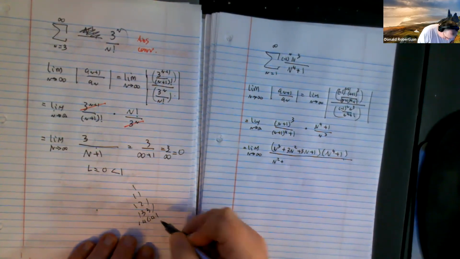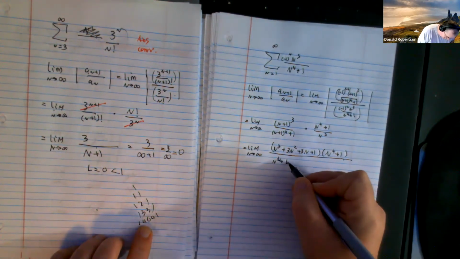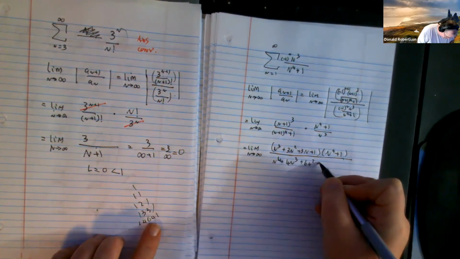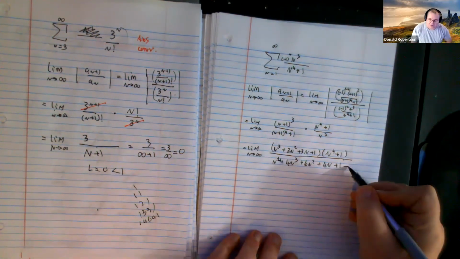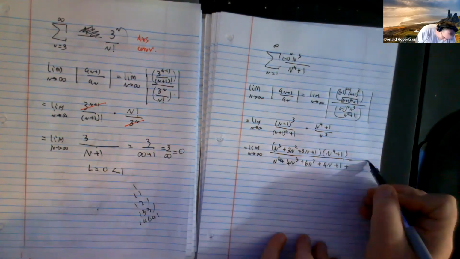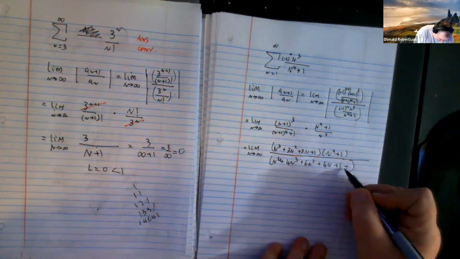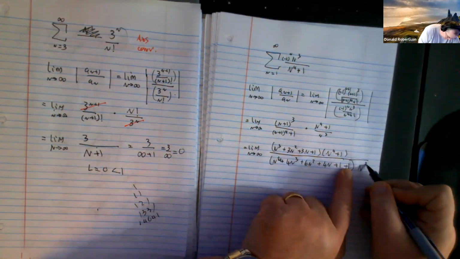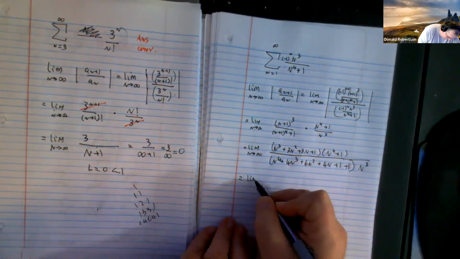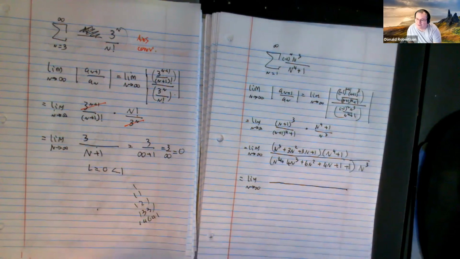It's going to be n to the 4, I should say, plus 4n cubed plus 6n squared plus 4n plus 1. And you're wondering where all this comes from. It comes from a little thing called Pascal's triangle. Look it up. So that's what this is, right? So all of that plus a 1, times an n cubed. And do you already see why you shouldn't be using the ratio test when it's polynomials? Can you already see how ugly the thing became?